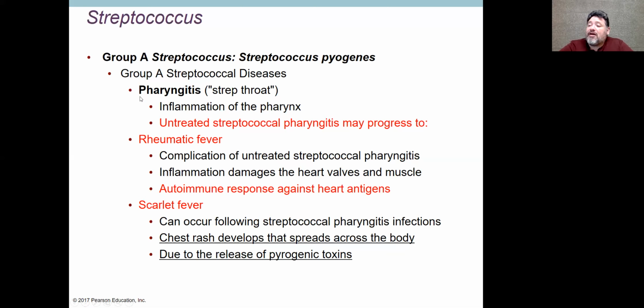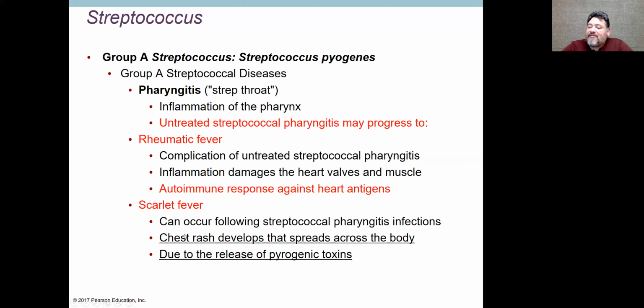So for a very long time, if anybody was thought to have strep throat, they were prophylactically treated with antibiotics immediately in order to prevent these very, very serious outcomes. Okay. The other one was called scarlet fever. Okay. And again, that's a rash that starts in the chest and then continues to spread through the body.